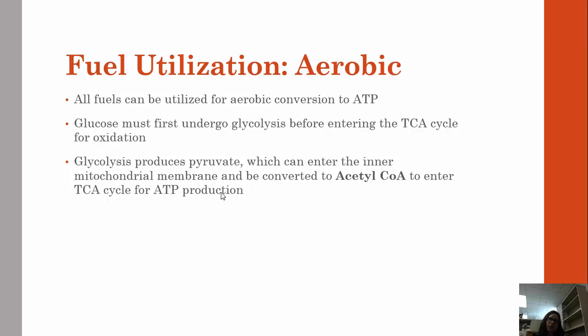Now, glucose first has to undergo glycolysis before entering the TCA cycle and being oxidized for energy. So glycolysis produces pyruvate that can enter the inner mitochondrial membrane, where it's converted to our common substrate for fuel utilization, which is acetyl-CoA. And that can enter the TCA cycle, which allows us to produce ATP.